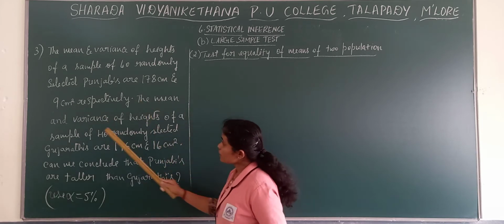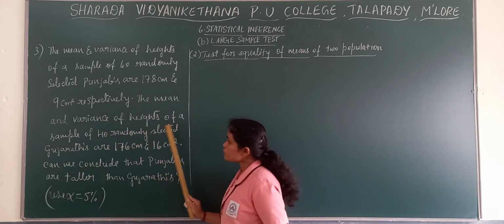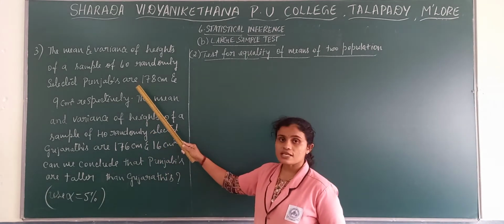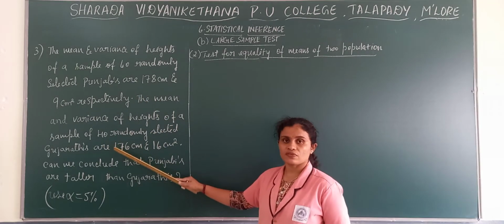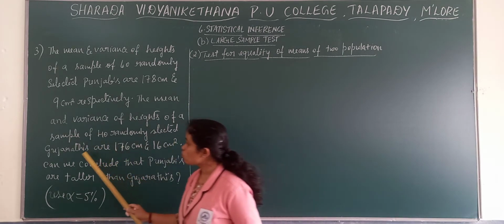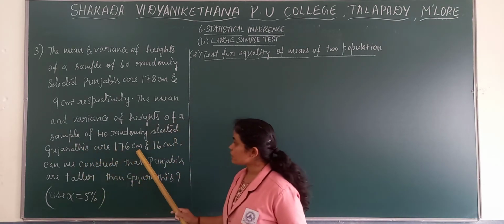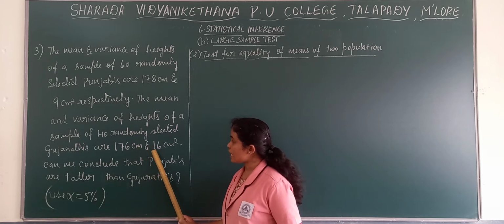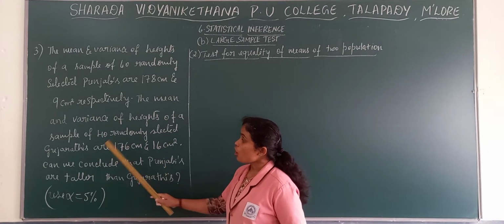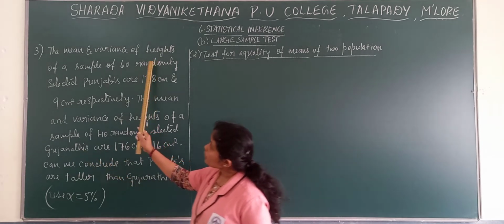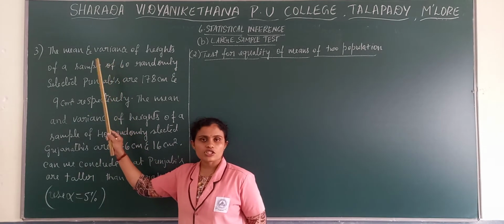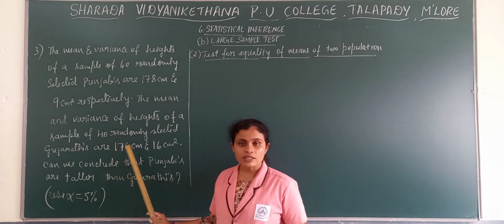Then the mean and variance of height of a sample of 40 randomly selected Gujaratis are 176 centimeters and 16 centimeters square. So two sets of population, one is about Punjabis and Gujaratis.